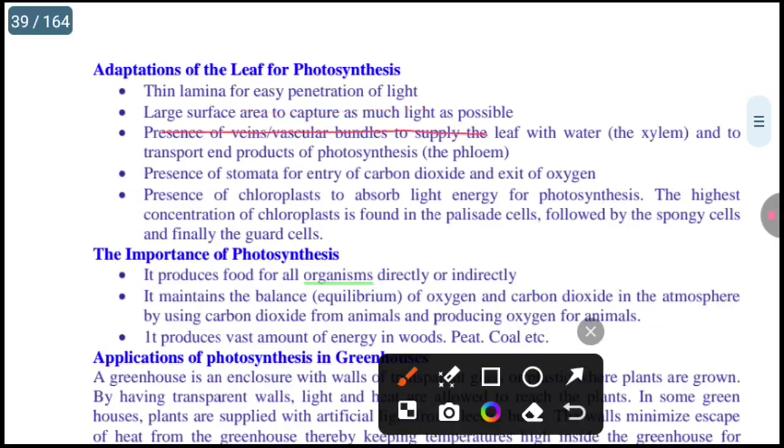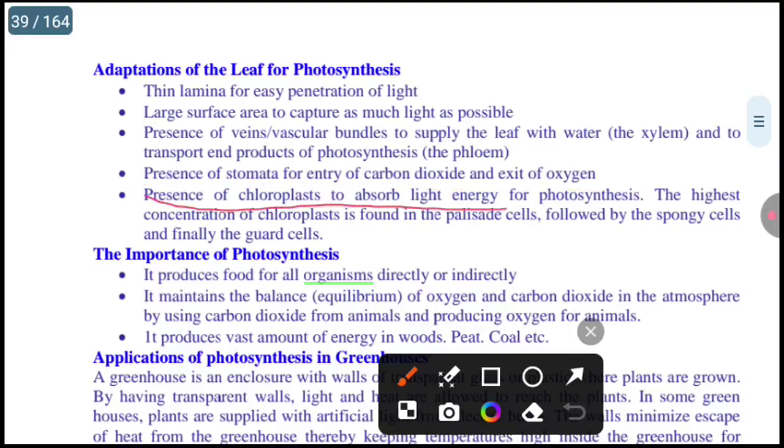Large surface area to capture as much light as possible. Presence of veins or vascular bundles to supply the leaf with water, the xylem, and to transport end products of photosynthesis, the phloem. Presence of stomata for entry of carbon dioxide and exit of oxygen by diffusion.